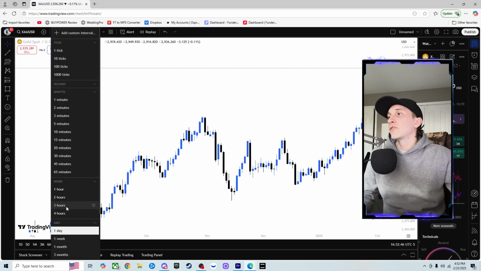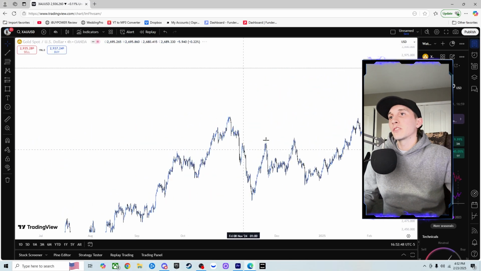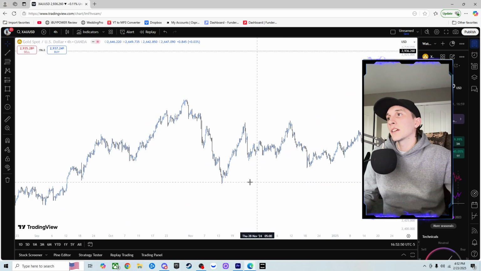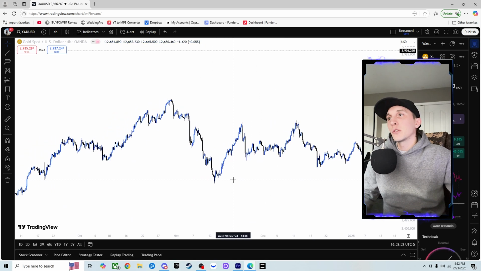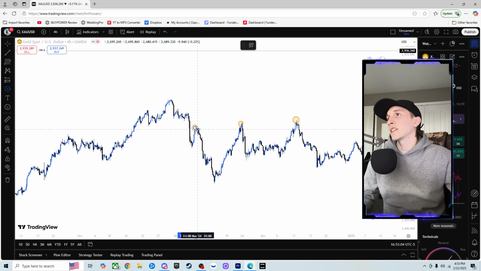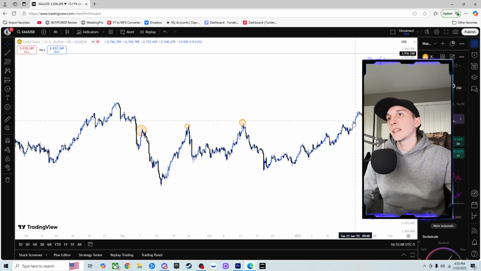So we're going to go into the 4 hour, because I feel like it's going to give us a better showing of this. On the 4 hour time frame, we can see clear as day that we have this area right here, and this area, and also this area. So we have three separate touch points all in the same spot, and even over to here before it broke and started trending up, you can see the exact same spot.